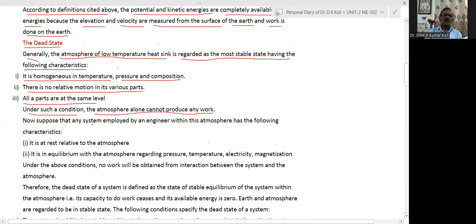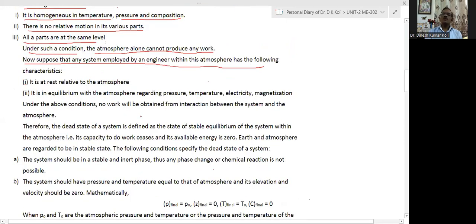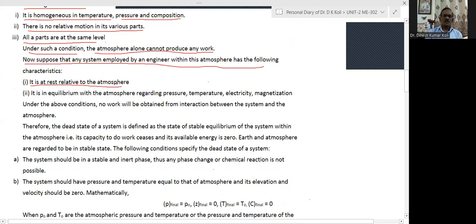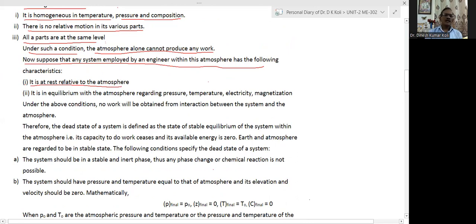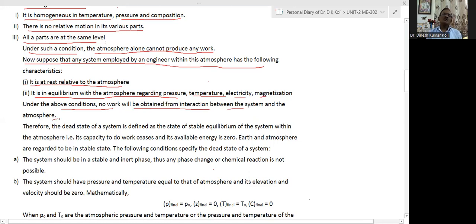Now suppose that any system employed by an engineer within the atmosphere is at rest with the atmosphere, in equilibrium regarding pressure, temperature, electricity, magnetization, etc. Under these conditions, no work will be obtained from interaction between the system and the surroundings, because the surrounding atmosphere is considered a dead state.